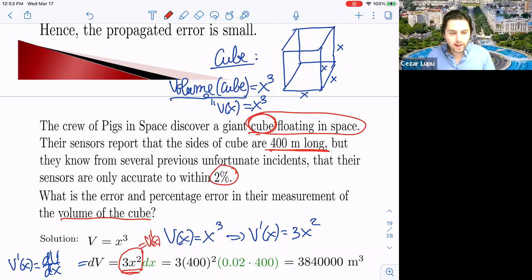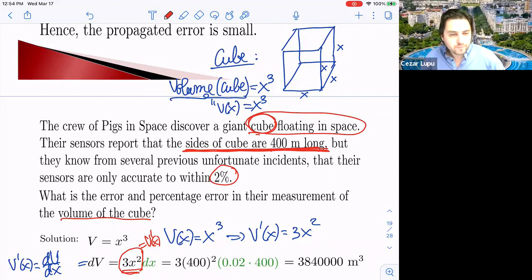And now we know who x is. We said that it's 400 meters long, the size of the cube. We have this information here. So we're going to replace x by 400. And we know that dx, you see, this is the tricky part, I would say.